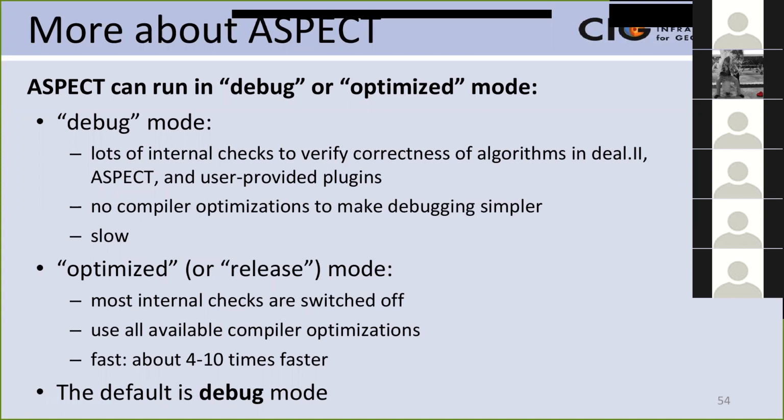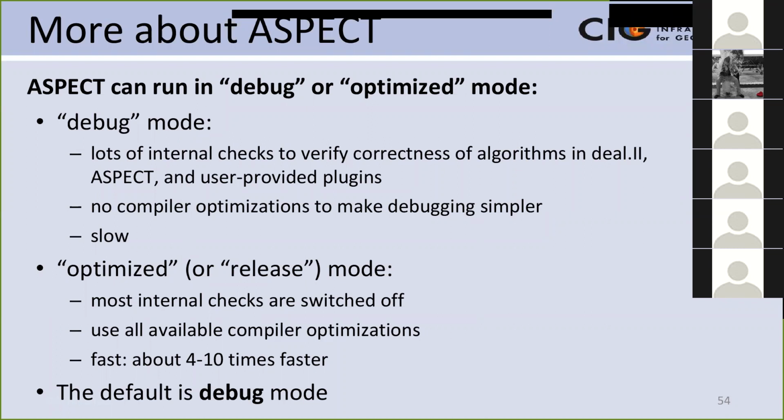There's an important feature in ASPECT, namely you can run ASPECT in debug mode and you can run it in optimized mode. You might have noticed, especially those of you who have run something with a finer refinement level than the first example, that it takes a lot longer. And the good news is if you run in optimized mode, it will run a lot faster. It will also run faster by running it in parallel, which I will talk about in a second.